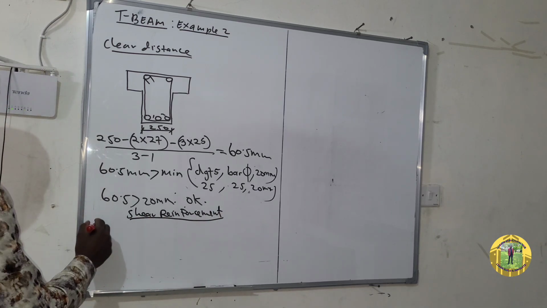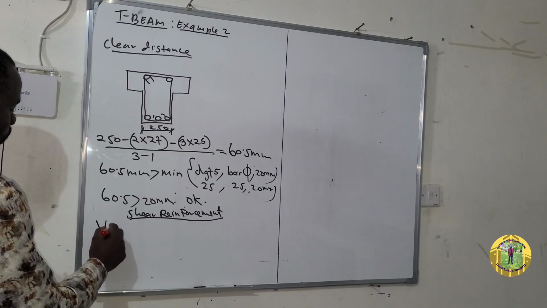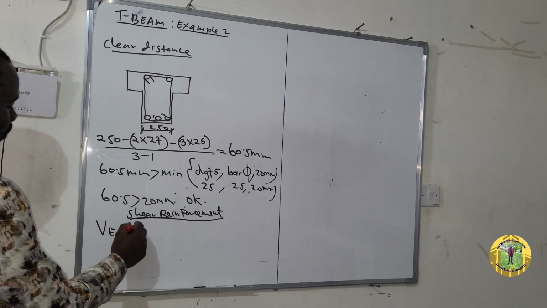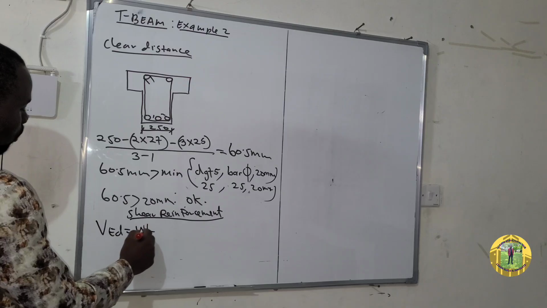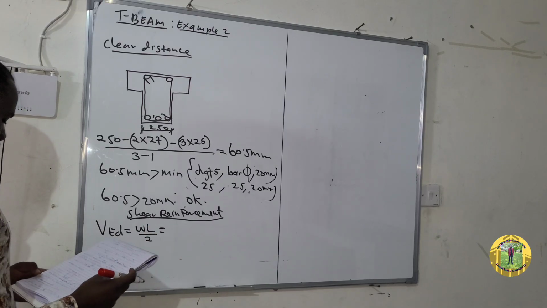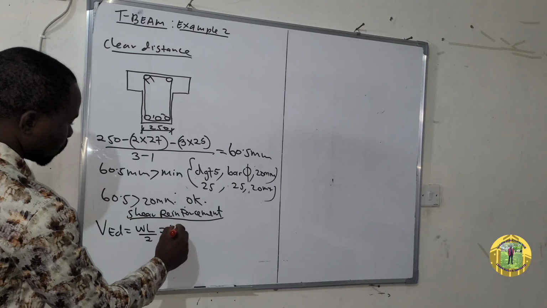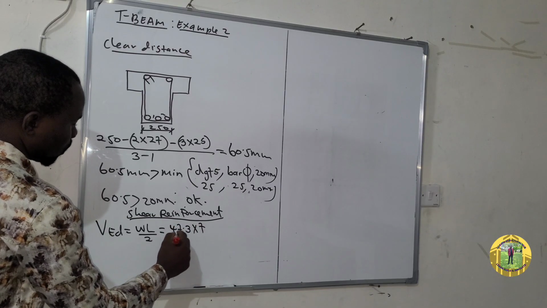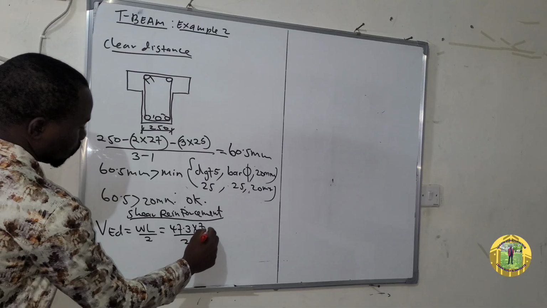So VED is the design shear force, which is given by WL all over 2. So this one is equal to 47.3 times 7 all over 2.